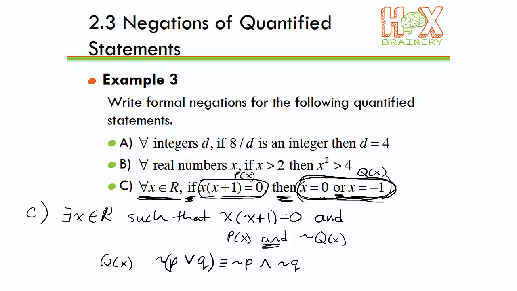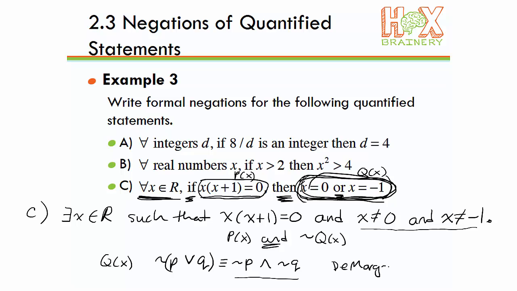This is a little bit harder because there's not just one statement here, you have a compound. So you're going to write and x does not equal 0 and x does not equal -1. That's De Morgan's laws from the previous chapter. You'll see this again in the homework or something. So make sure you're careful when you have more than just a conditional going on.